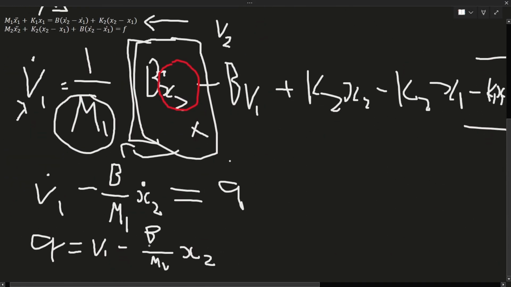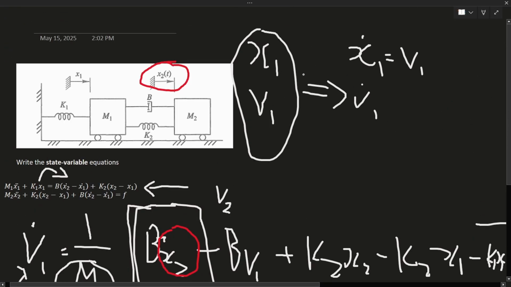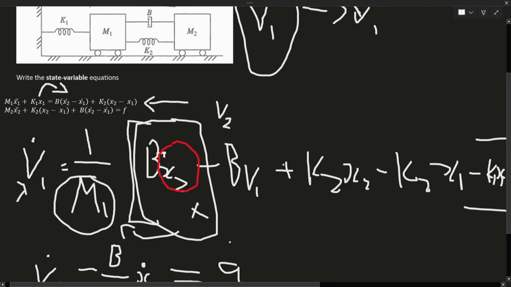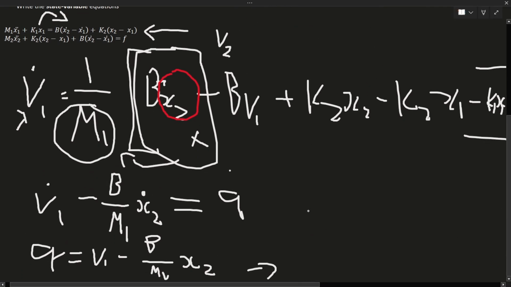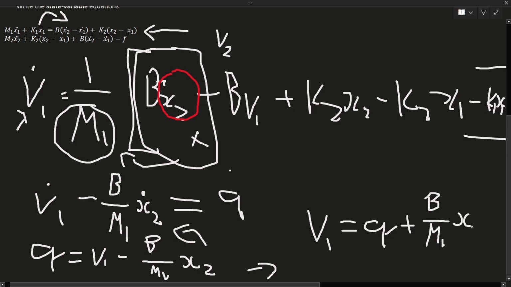So we have to define our new state variable. With this, we're going to isolate v1, because you still have to define x1, right? These are our original state variables, but we have to redefine them because of that derivative. So v1, we send this to the other side, is equal to q plus b divided by m1 x2.